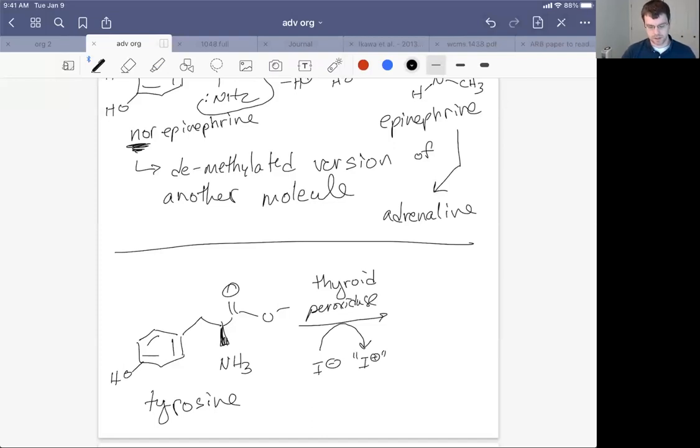So what you get is an electrophilic iodine, which allows you to put iodine onto electron-rich aromatic rings through an electrophilic aromatic substitution reaction. And you get to a structure like this.